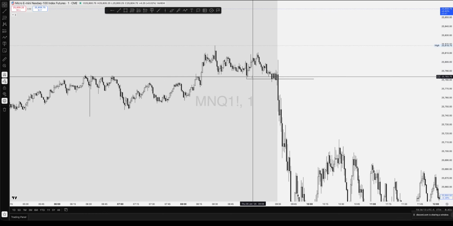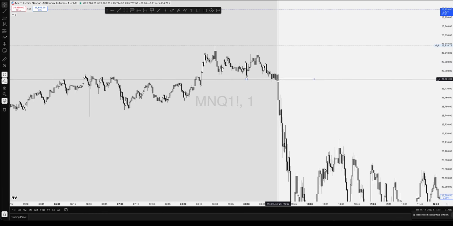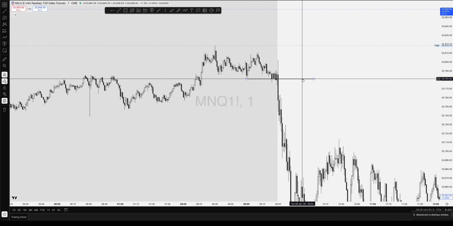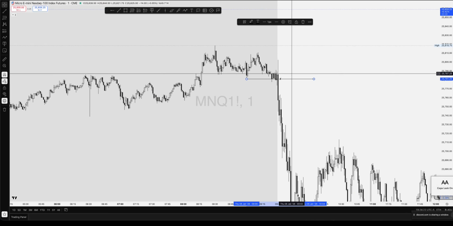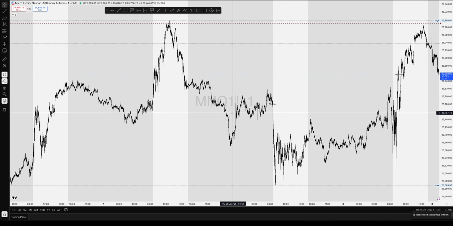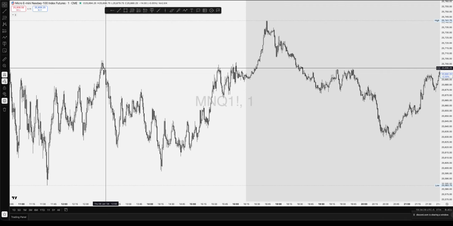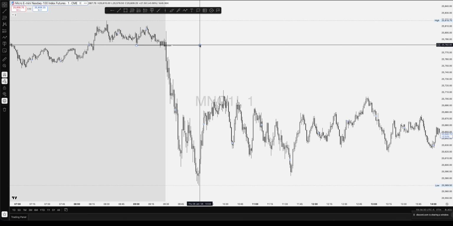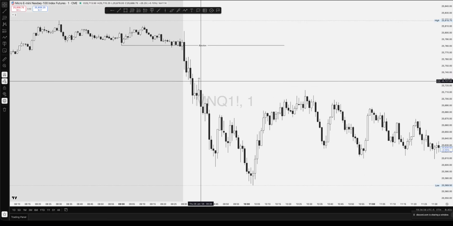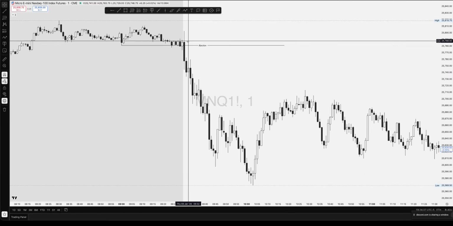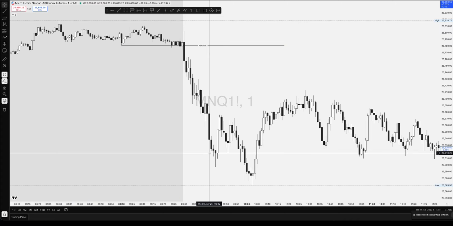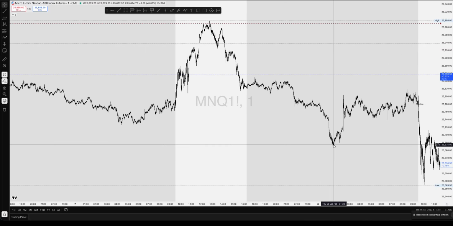But if we do break this area with a candle close, come back, and we're unable to hold above it, reject this area, then we're going to short it. But we never got a rejection here. That's why we did not take the short. And if you remember, we mentioned that we missed the short not because of our setup, but because we didn't have any test. If this had come and tested this area, and we were not able to hold above it, bounced back, then that would have been a short, and we would have targeted the downside, drawing liquidity pretty much.